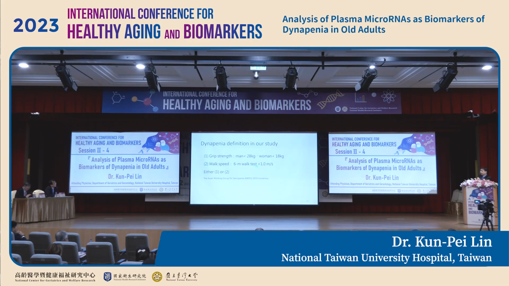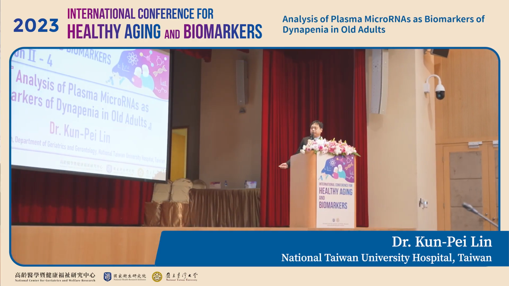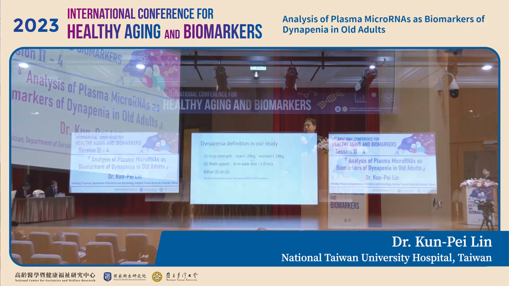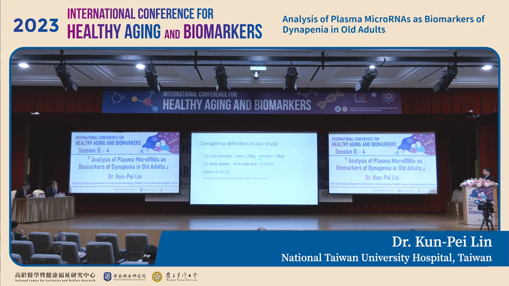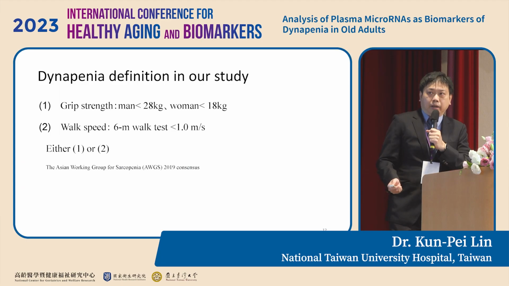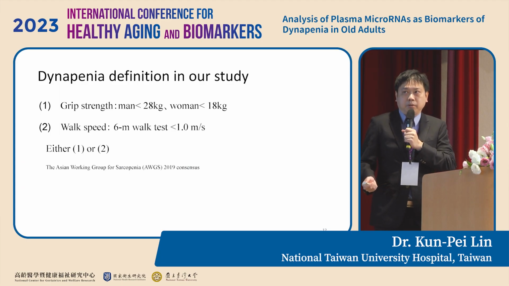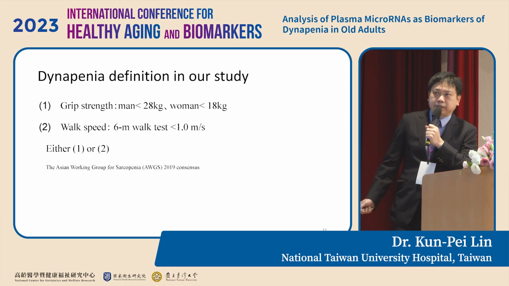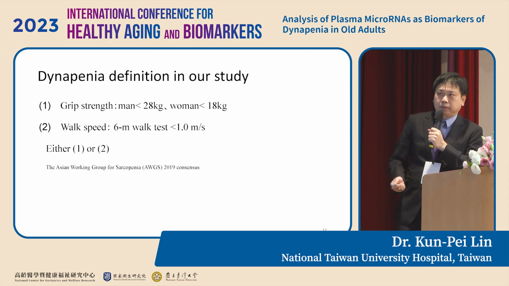Our study's definition of dynapenia uses two criteria. Criteria one is grip strength. In men, less than 28 kilograms, and in women, less than 18 kilograms, is considered lower grip strength. As for walking speed, we use the 6-meter walk test.